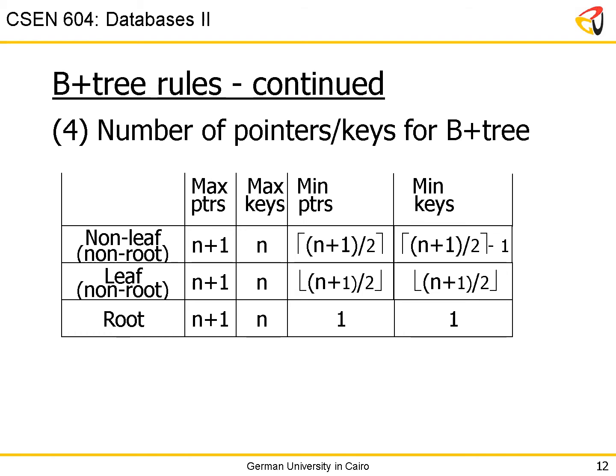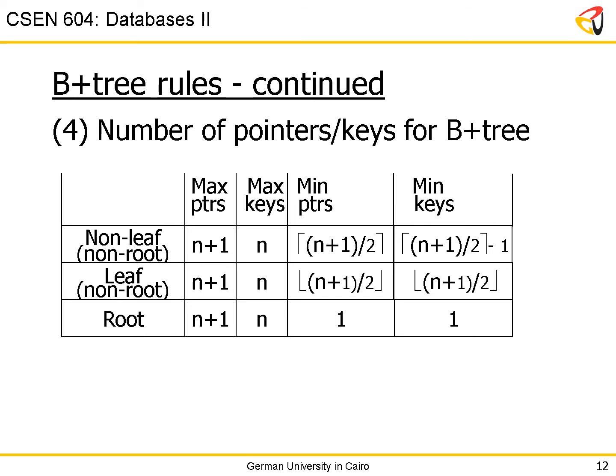So always the number of pointers is 1 plus the number of keys, or in other words, the number of keys is the number of pointers minus 1. Now for the case of the leaf, the number of keys is going to be the same as the number of pointers if we exclude the sibling reference that we discussed already.